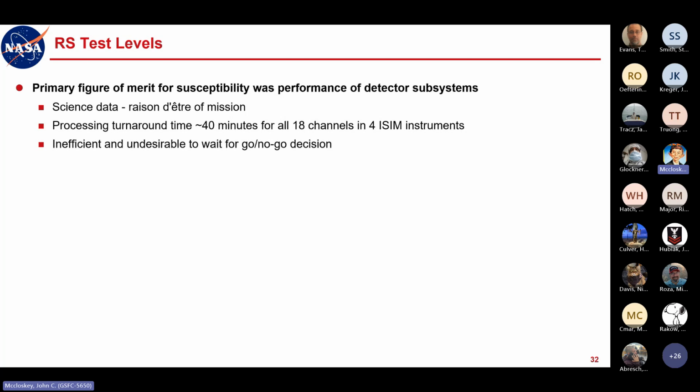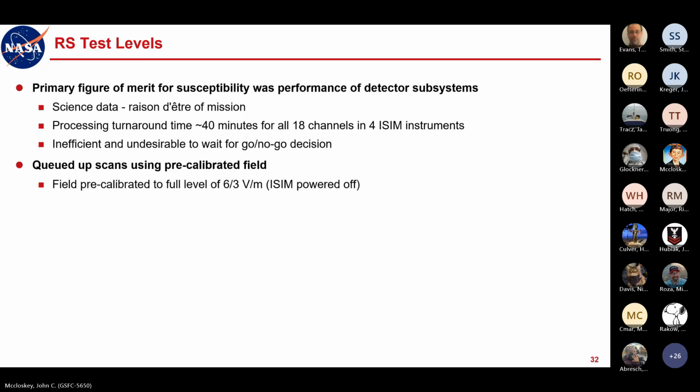I don't want to run a sweep and then just wait for 40 minutes before I decide what to do next. So what we did was we just queued up the scans. And this is another big benefit of using a pre-calibrated field. And we pre-calibrated with the ISIM off.